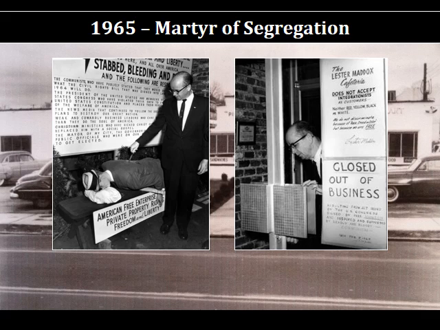And you can see on that left-hand side, there's this guy, a mannequin dressed in a business suit, and he's labeled American Free Enterprise, and he's been stabbed in the back. And so Maddox is making the point here that the United States government, through this civil rights legislation, is stabbing America in the back. They're stabbing free enterprise, private property, freedom, and liberty in the back.